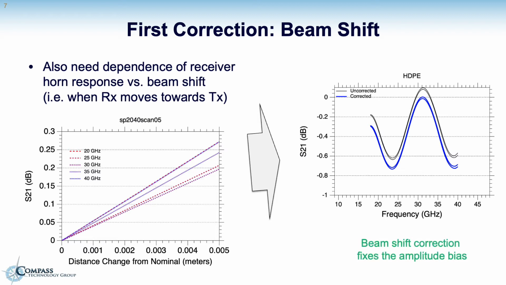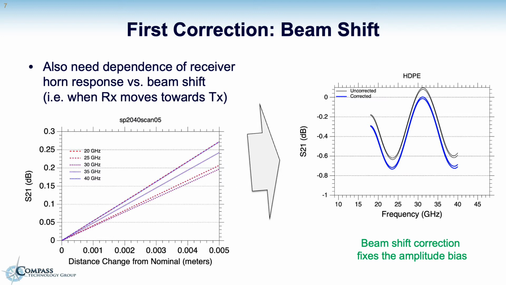So the plot on the right shows that same high-density polyethylene sample that I showed a couple slides back, and the thinner black lines show the data that I originally showed you, which was essentially uncorrected. And then after we've applied this beam shift correction, you can see that it accounted for the bias that occurred due to this beam shift effect through the sample.